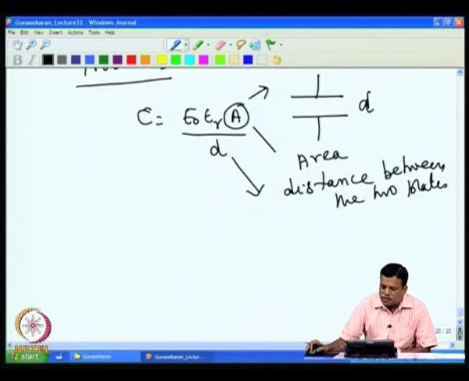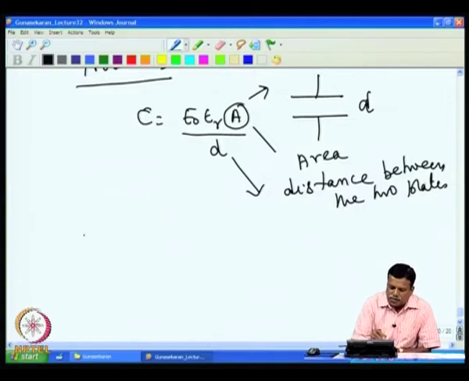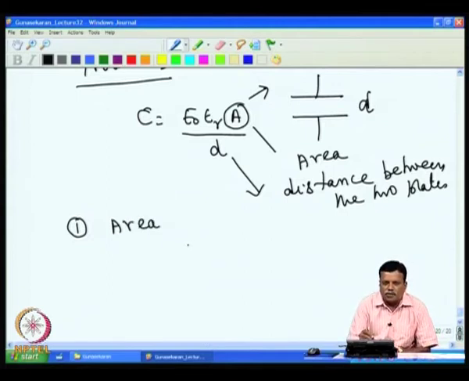Obviously, the two possibilities I can use as a sensor: if I vary the area of the plate, then the area variation can result in a capacitance change, and that capacitor can be used for sensing.